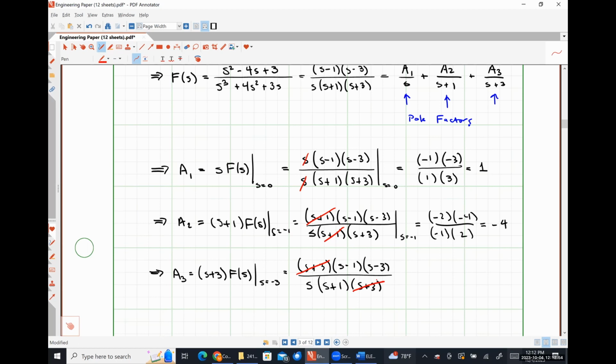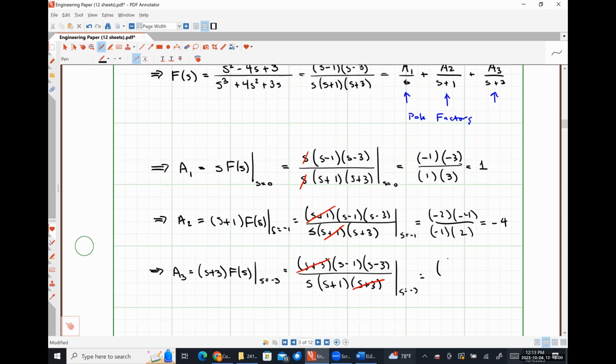This guy and this guy cancel. We are evaluating it at s equal to -3. So -3 minus 1 is -4. -3 minus 3 is -6. -3 by itself. -3 plus 1 is -2. So 24 over 6 is +4.